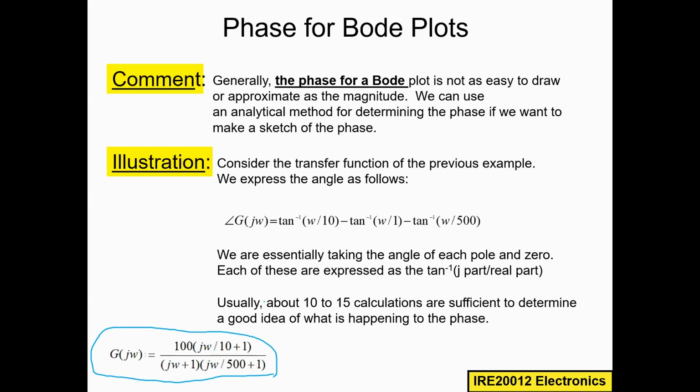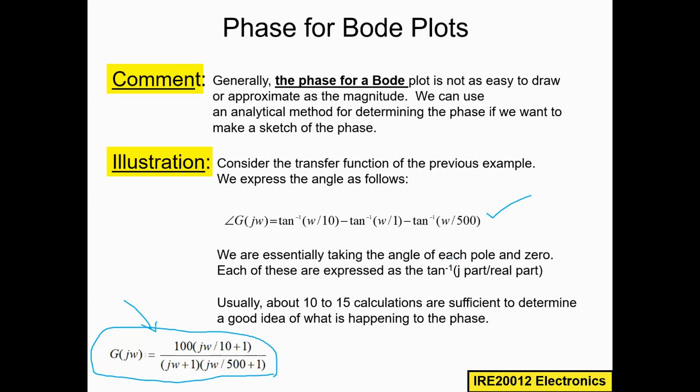So the phase angle is tan inverse omega by 10, this is omega by 10, right? Then minus tan inverse omega divided by 1, and then minus tan inverse omega divided by 500. Now I have to find this, and that is the phase angle of this transfer function.